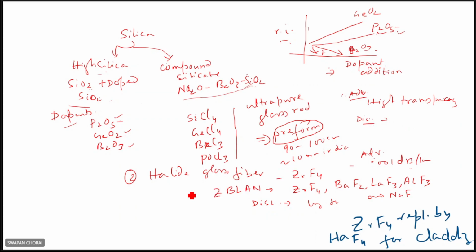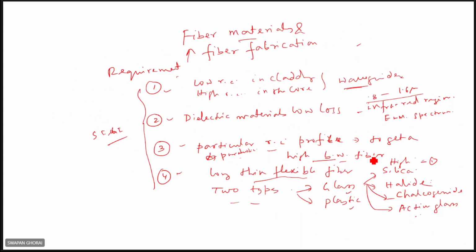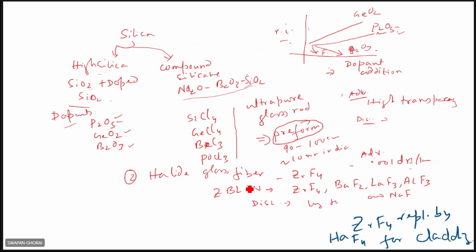And next you see the halide glass. I told you there are 4 types of glasses: high silica glass, halide glass, chalcogenide glass, and active glass. In case of halide glass, it is actually heavy metal fluoride glass. It uses zirconium fluoride, ZrF4, as a major component. Several constituents are required to make the glass.